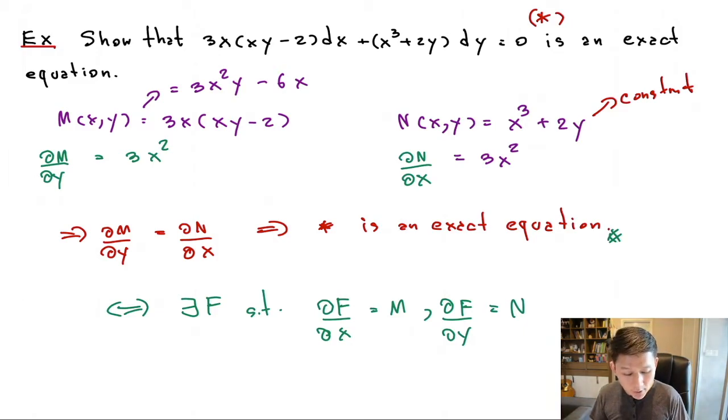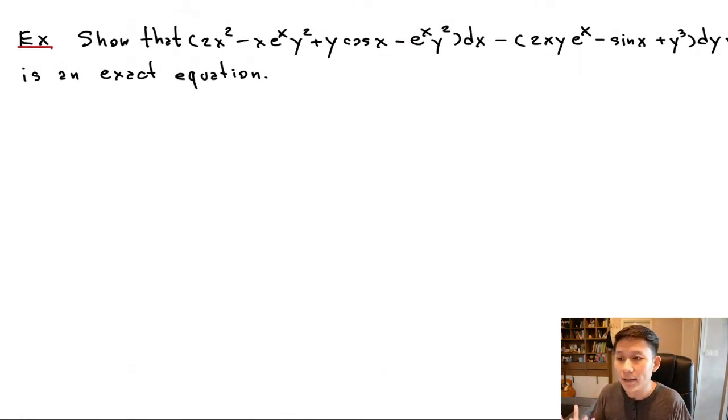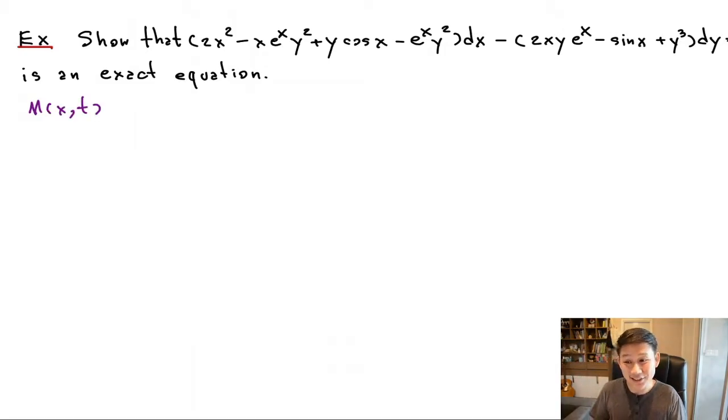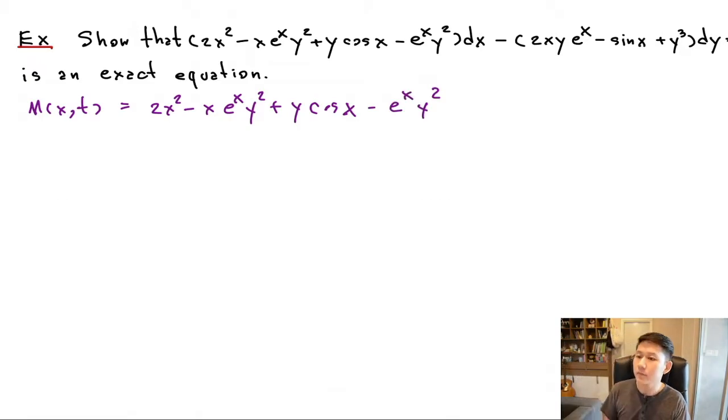Okay, to make it clearer, let's look at another example. Another example would be: show that this equation is an exact equation. So it's the same thing. It just looks a bit more scary, but it's the same thing. So here M is 2x squared minus x e to the x y squared plus y cos x minus e to the x y squared, right?